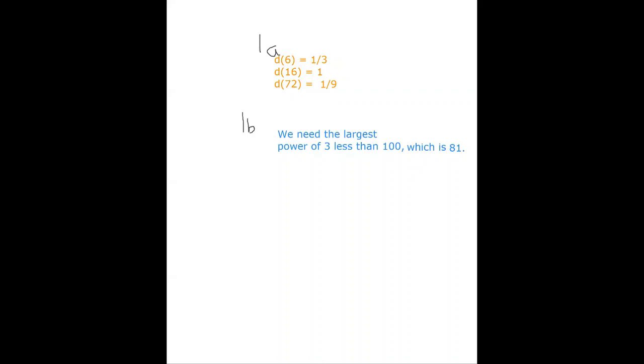Let's see, chat. Yes, 81 is correct for B, because closest distance would mean you want the largest power of 3, so 3 to the 4, 81. 1C, find 4 houses at a distance of 1/9 from house number 17. Typically, when you do a power round at the contest, you would want to read the instructions on top to be sure. But I believe generally the convention is if the question says find something, then an answer should be sufficient.